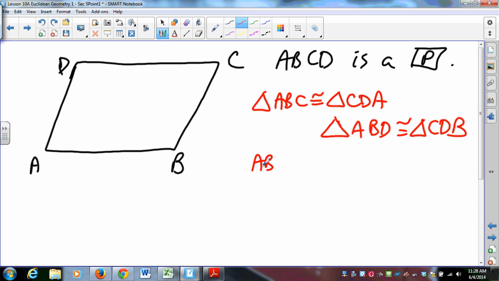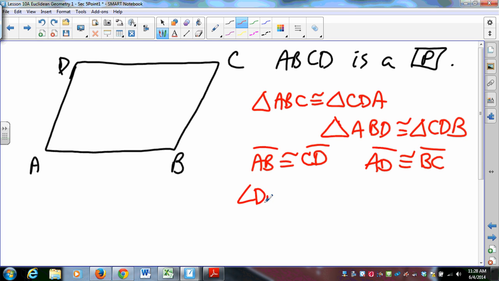That means that by corresponding parts, AB is congruent to CD, and AD is congruent to BC. These are all things that are not necessarily true in the hyperbolic plane. Likewise, opposite angles are congruent. Just from those two pairs of congruent triangles, we get those things true.